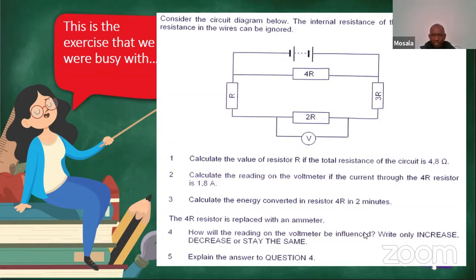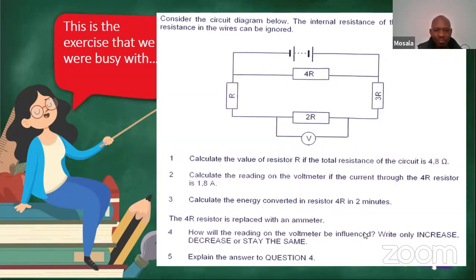Question 2: calculate the reading on the voltmeter if the current through the 4R resistor is 1.8 amperes. Question 3: calculate the energy converted in the resistor 4R in 2 minutes.